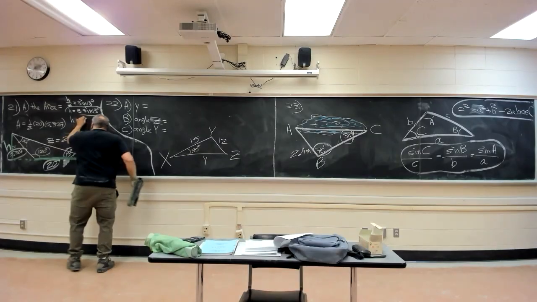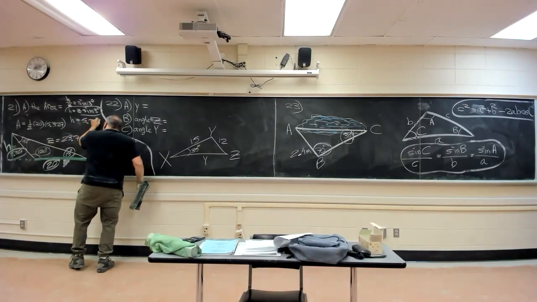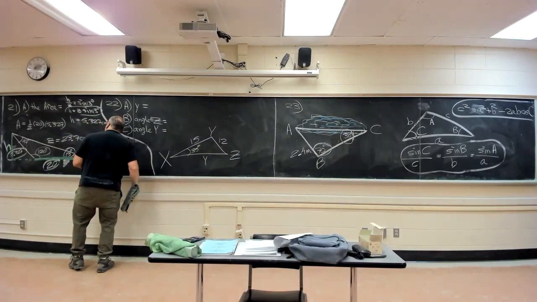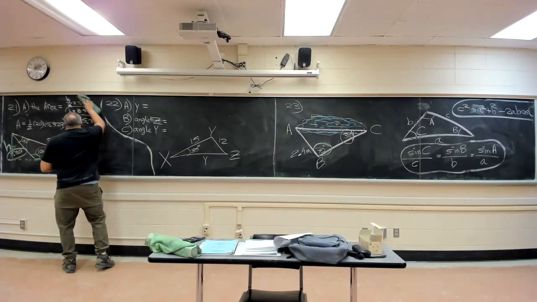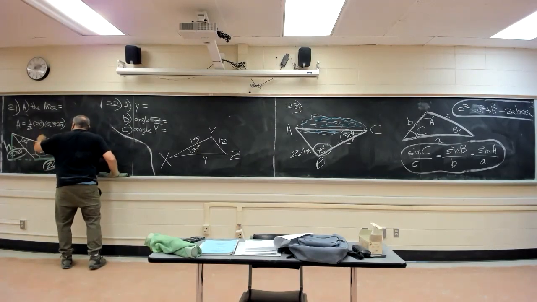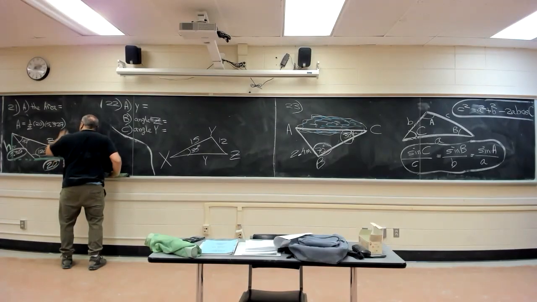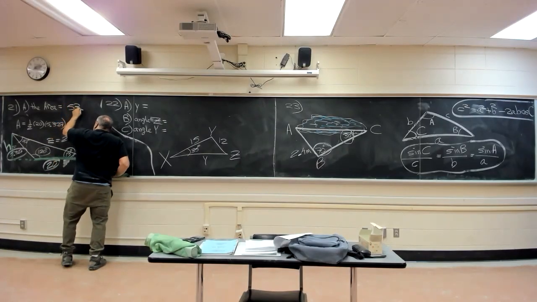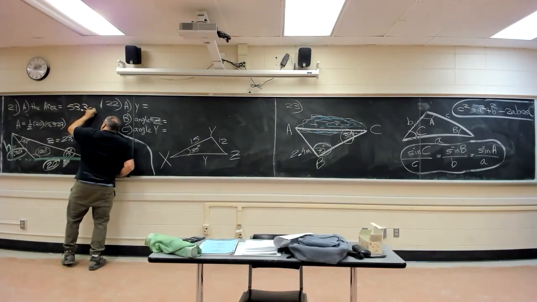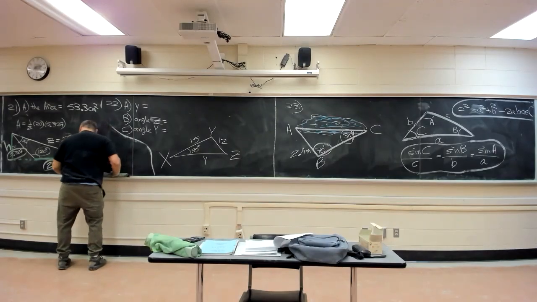So this was the 5.327 here, centimeters for the height. Okay, this is how you got it. And at the end of the day, the round off here when they actually did it was 53.3 centimeters squared.